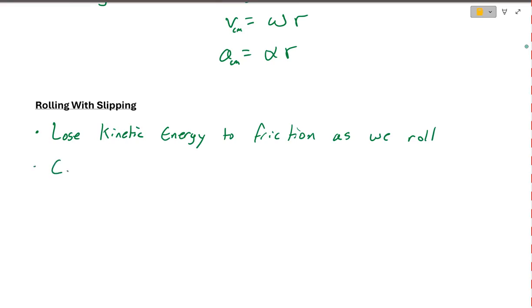Which means that we cannot relate translational motion to angular.